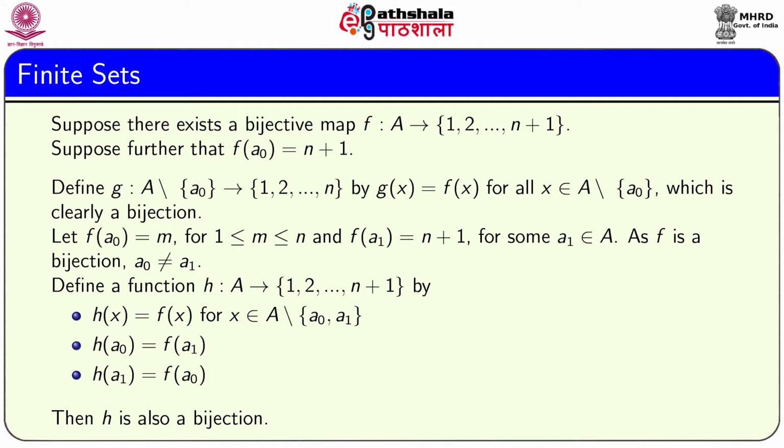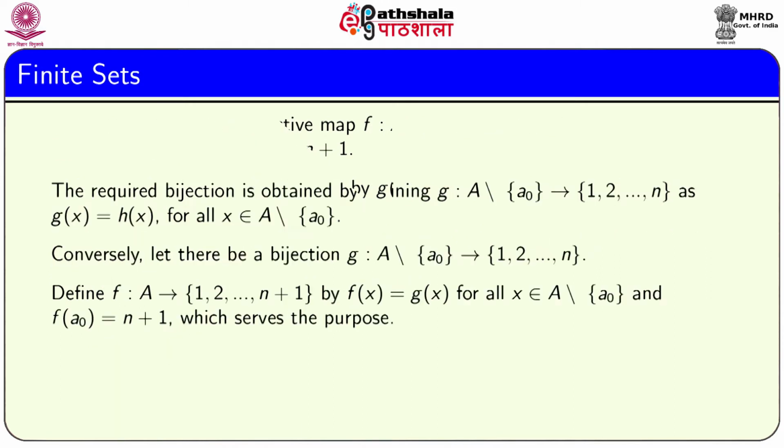Then H is definitely a bijection, it is simply changing the role of A0 and A1. So, the required bijection G from A minus A0 to 1 to n is defined by G(x) equal to H(x) for every x belonging to A minus A0.